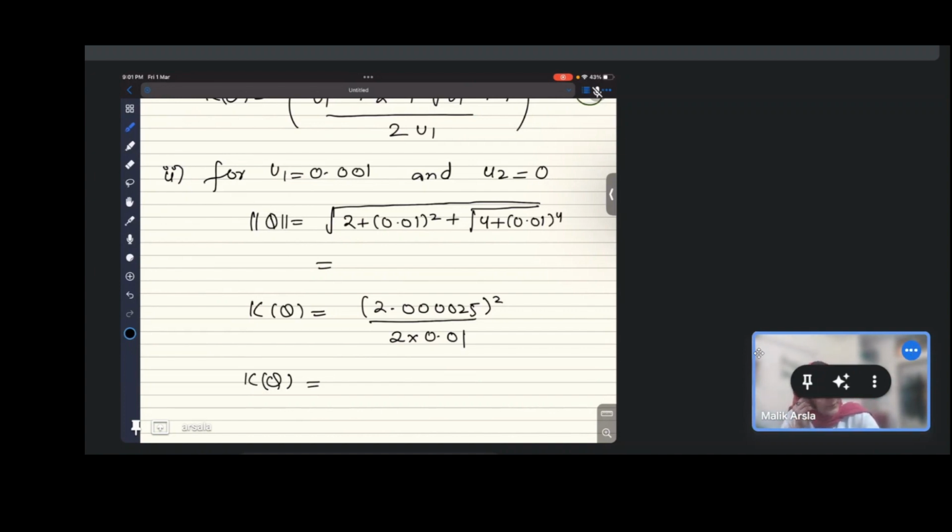Anybody calculated? It will be 2.000025, and that I have substituted here divided by this, and the condition number is 200.005.